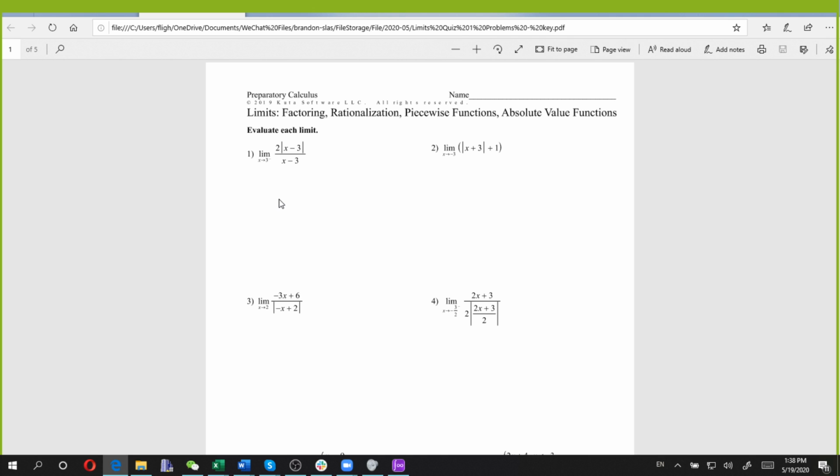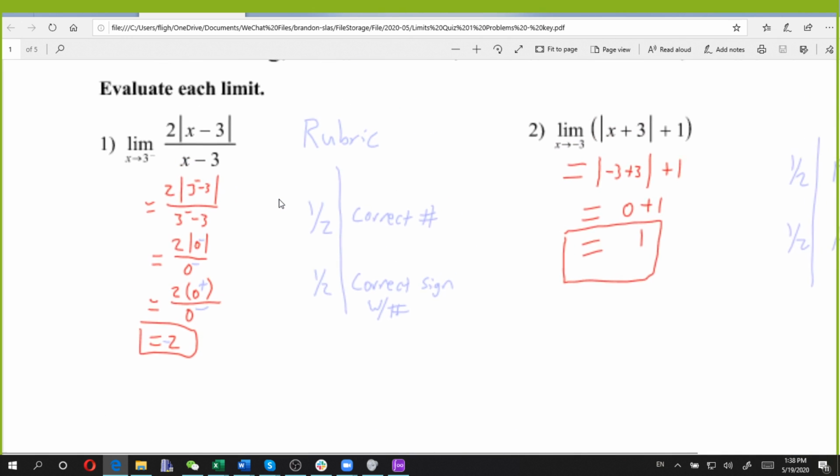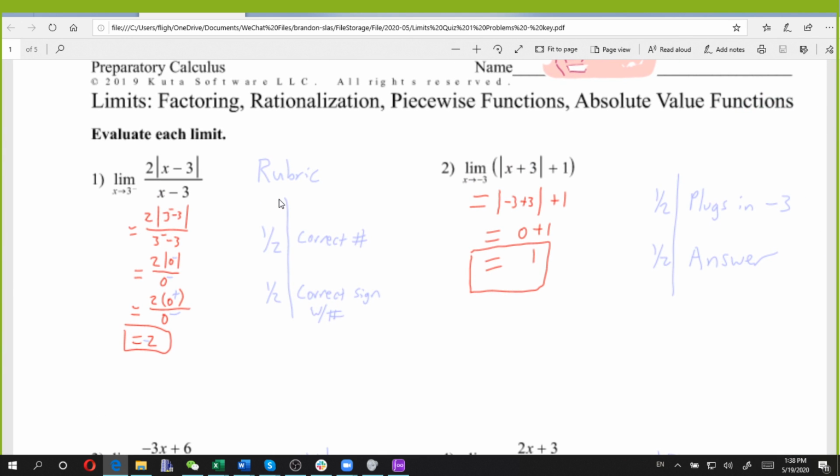It's kind of a lot to load at once. There we go. So these are the previous quizzes that we took in quarter 1 with all of the answers, my own step-by-step work, and my rubric, so how I graded you last time. The format's going to be pretty much identical on your final exam.